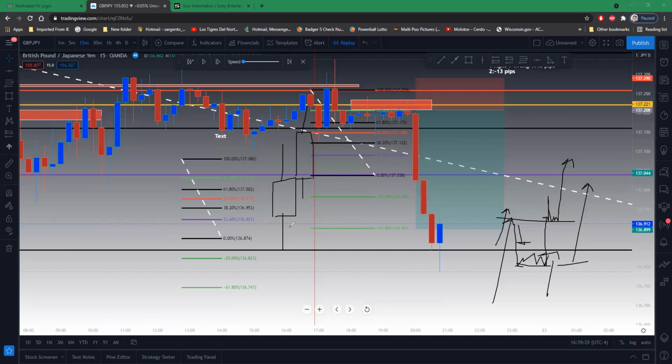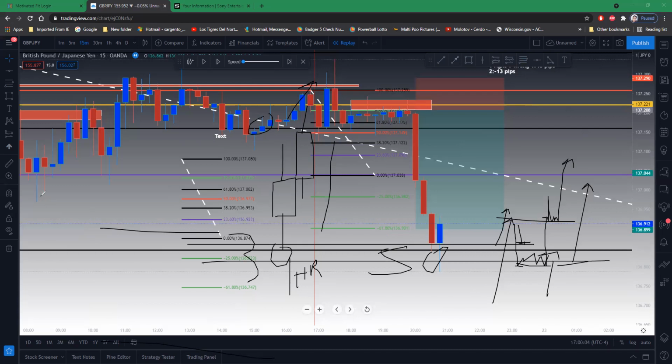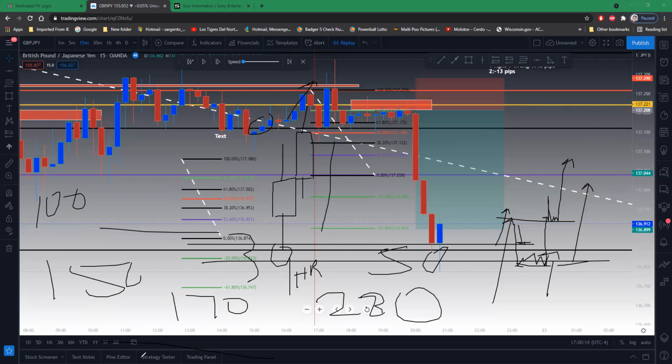That means what just happened here, for it to go up, happens on the 1 hour, on the 4 hour, and it's bigger targets, not 30, 50, none of that. 100, 150, 170, 220, sorry, 230. Things like that for the bigger time frames.